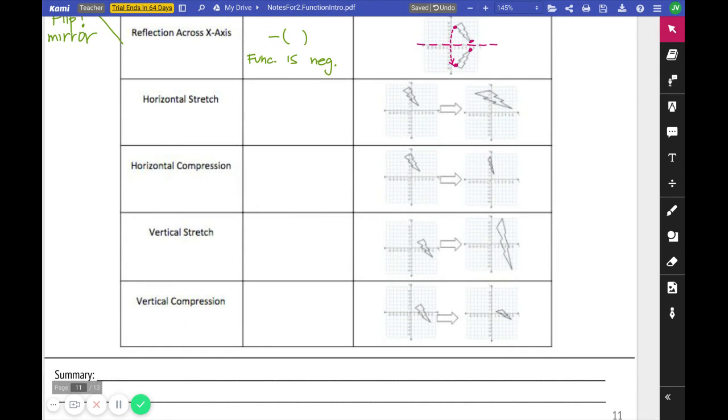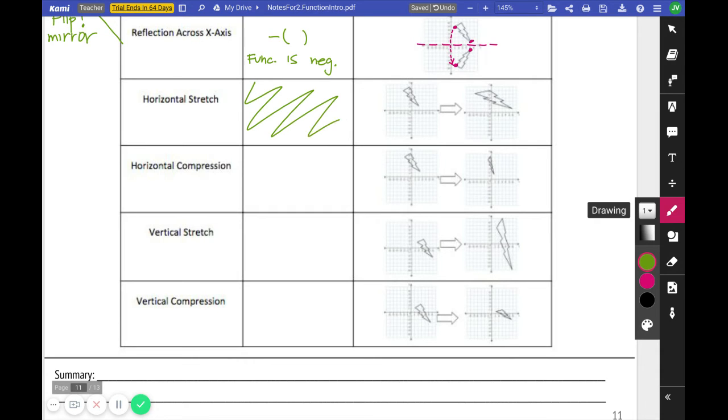Now we have stretching and compressing. I'm not going to worry too much about horizontal stretch and compress, at least not what we're going to do to it. I feel like x was maybe a bad choice. Let me do this instead. We're not going to stress about the equation, but horizontal stretch is best probably captured by those pictures, right? Either we are grabbing it by the edges and making it wider, or putting our hands on it and squishing it together, right? Compression is basically just a squish.